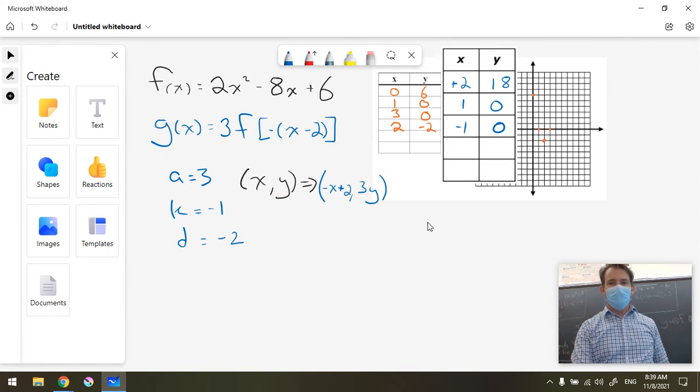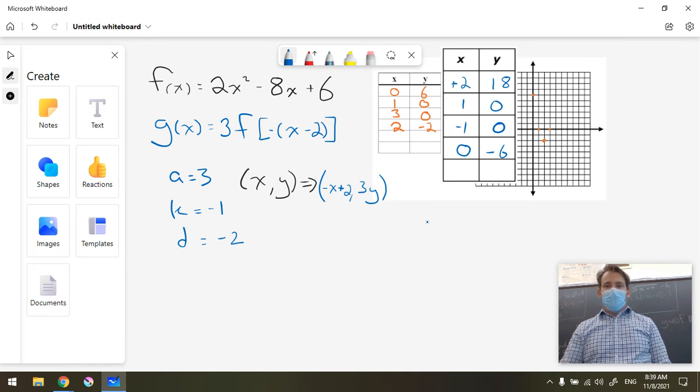So that's a lot of vertical and horizontal compressions and a vertical translation. 2, negative 2: first thing I do, multiply the y by 3, so that's negative 6, and that's the only transformation that I'm doing to y. So I could even put that into my table of values now, negative 6. And then this 2, I'm going to make it negative, so that's now at negative 2, and then I'm going to add 2 to it. So that actually went to 0.